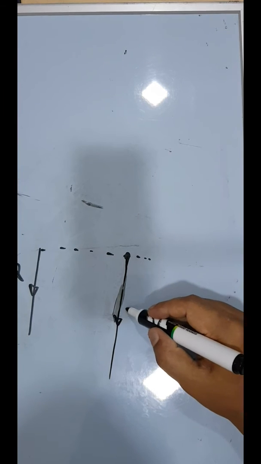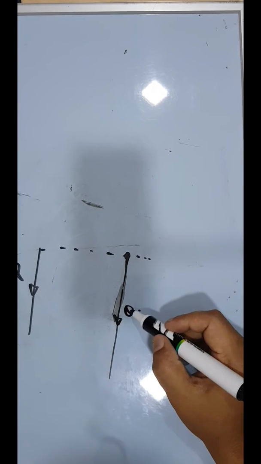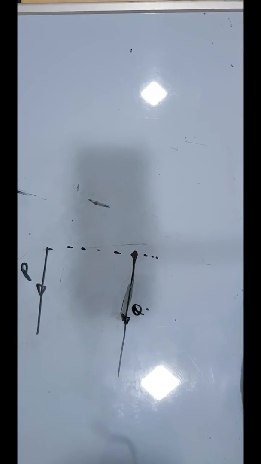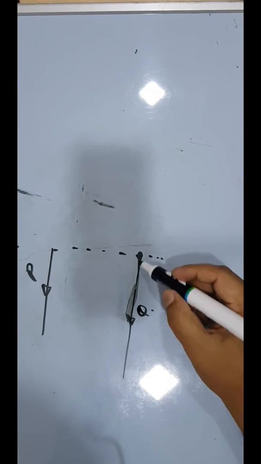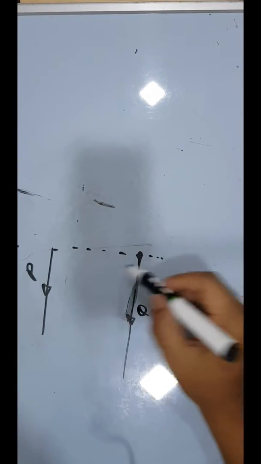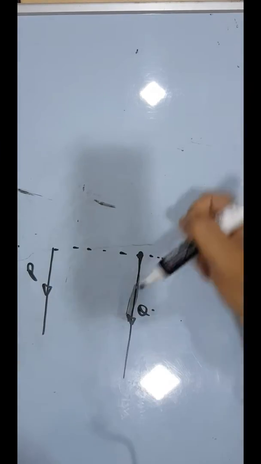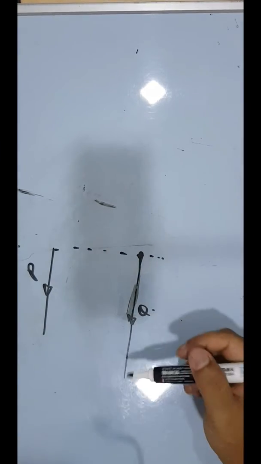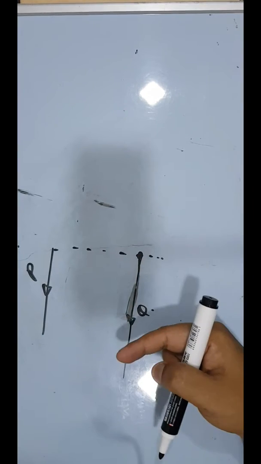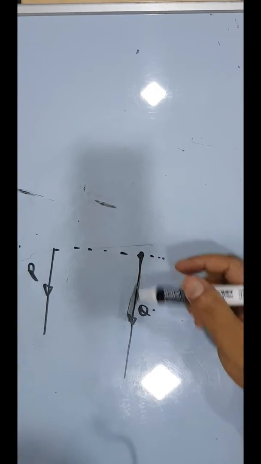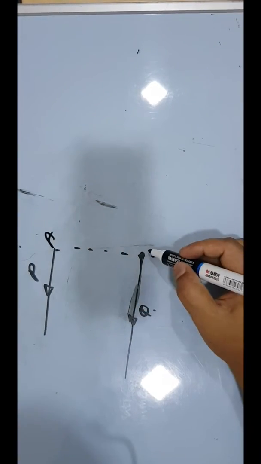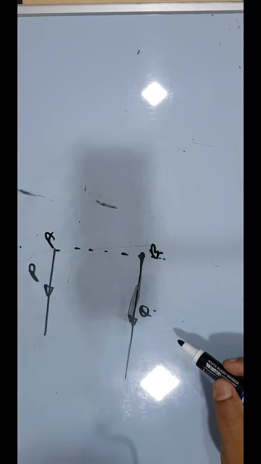I'm going to draw it a little bit bigger than P. So if the two parallel forces are like this, these are called like forces because the forces are acting in the same direction but at different points. Say this is acting at A and this is acting at B, right?